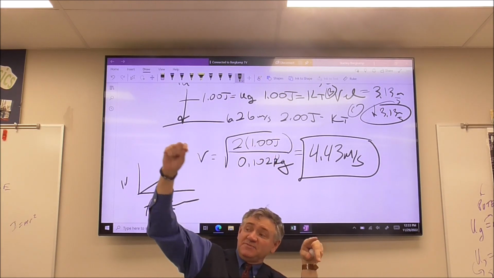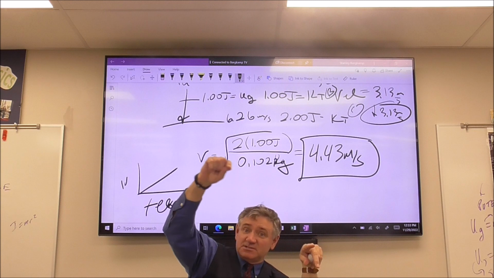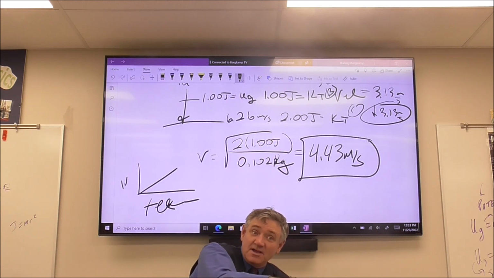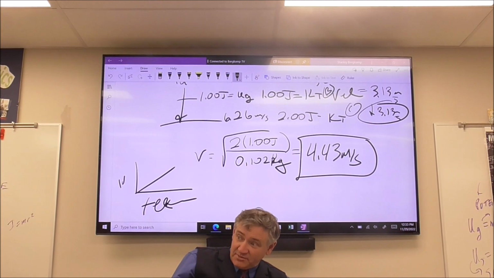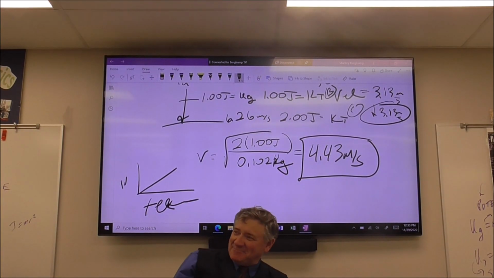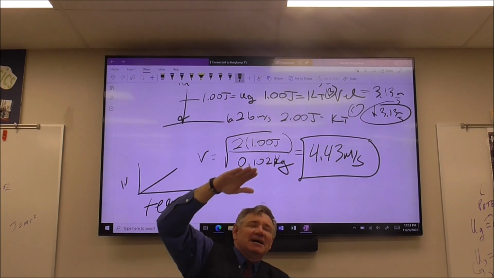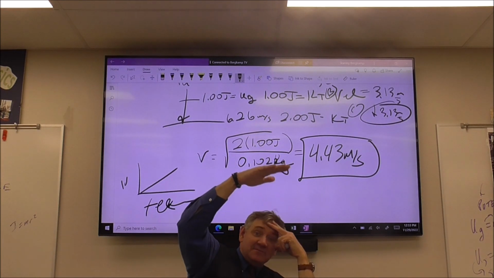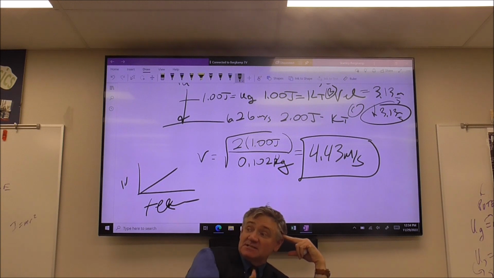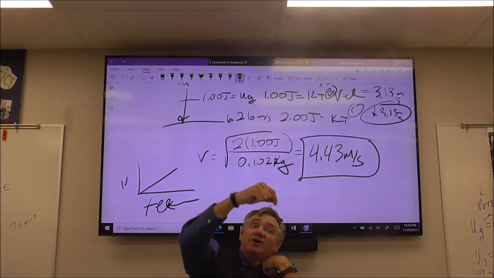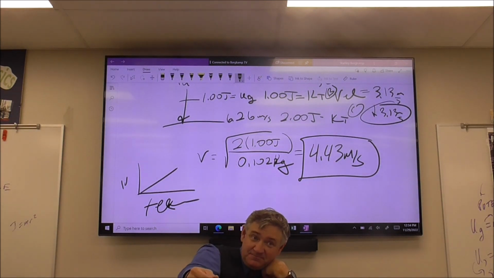And because velocity changes as a linear function of time, that's why it's going faster at the end of that first meter. It doesn't take as long to fall the second meter as it does to fall the first meter.